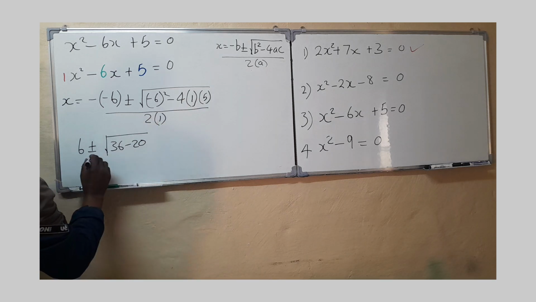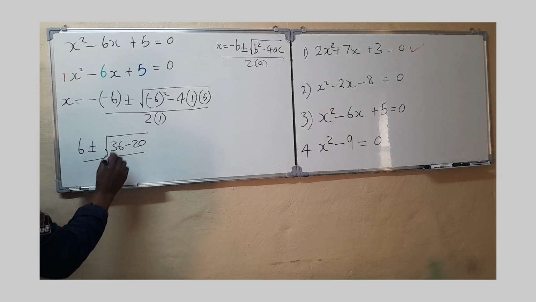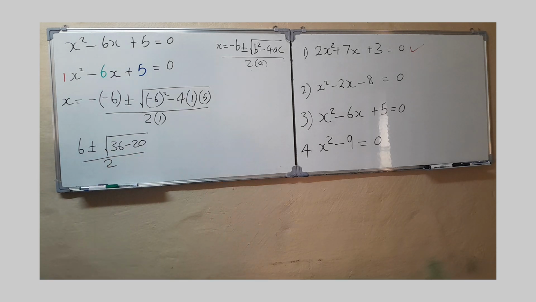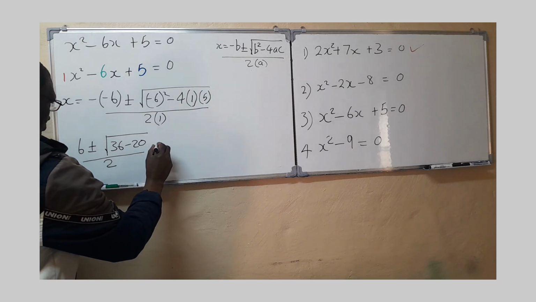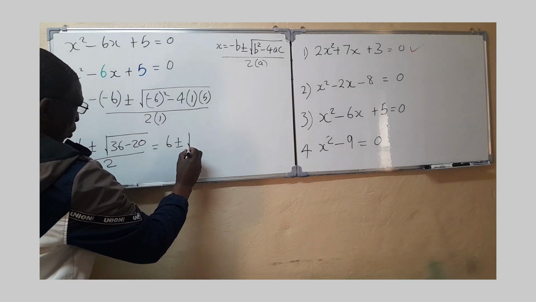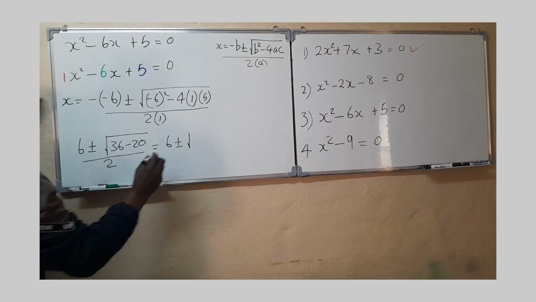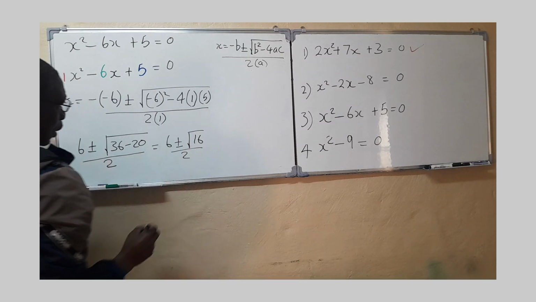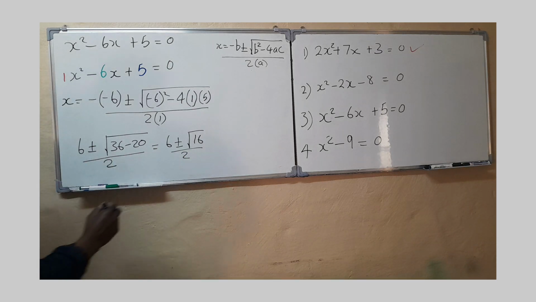So there we are, and this over 2 times 1, which is just 2 there. This is equal to 6 plus or minus the square root of 36 minus 20 is 16. So this over 2, and we know that the square root of 16 is 4.